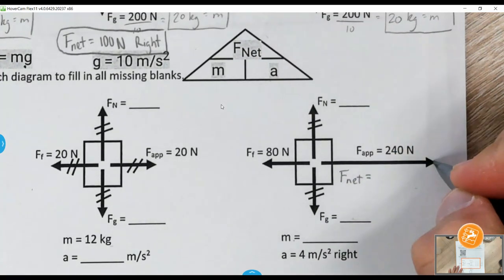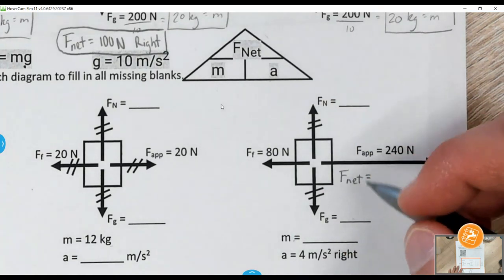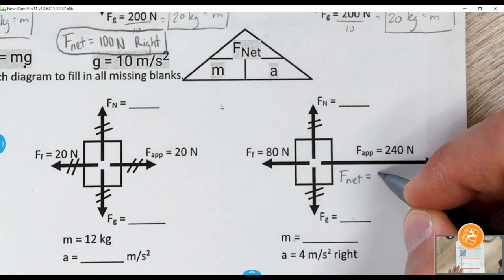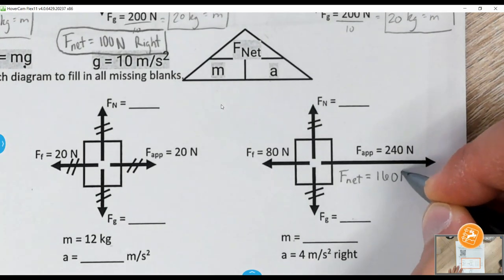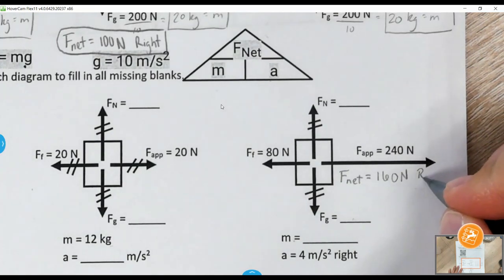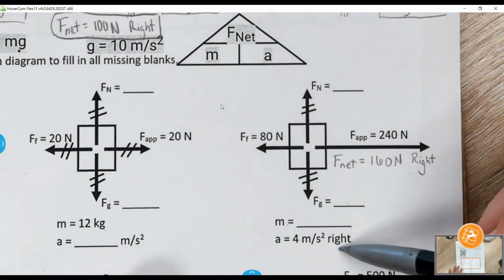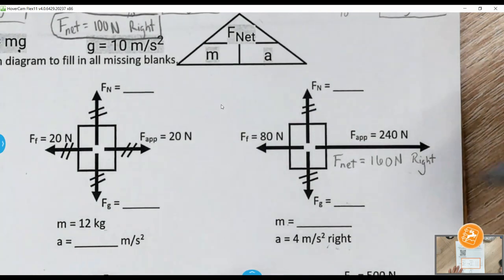If I have 240 to the right and 80 to the left, we'll subtract, which is 160 newtons. What direction? Good, to the right, because 240 is bigger. And that should make sense because the acceleration's direction is to the right. So, okay, that makes sense.